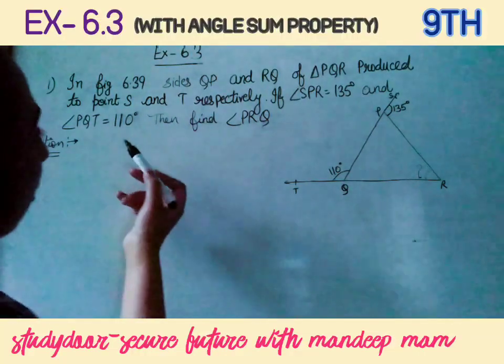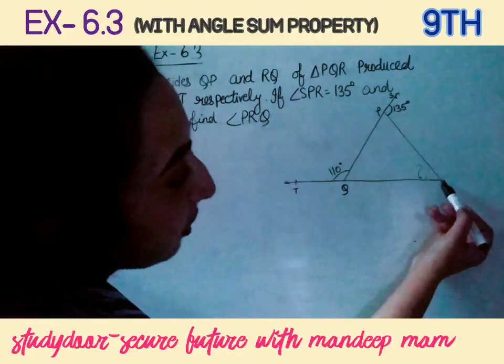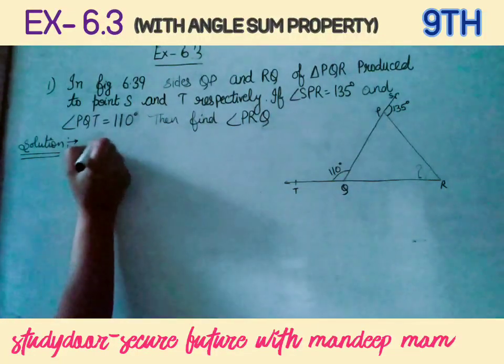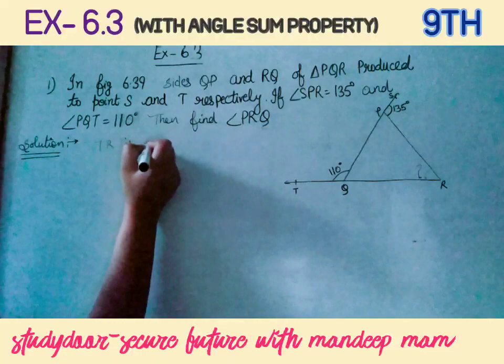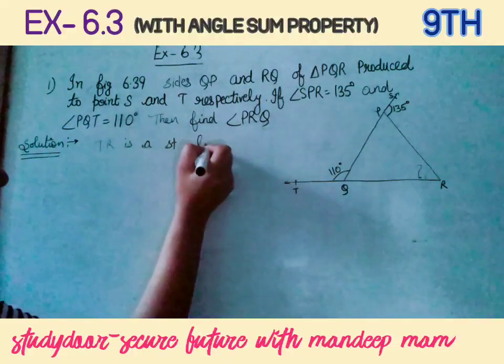In the solution, we know that TR is a straight line.